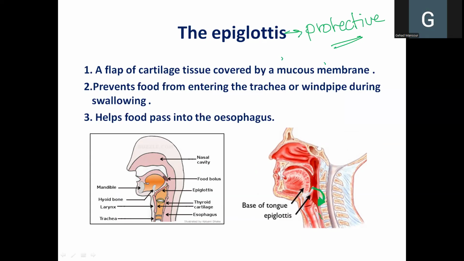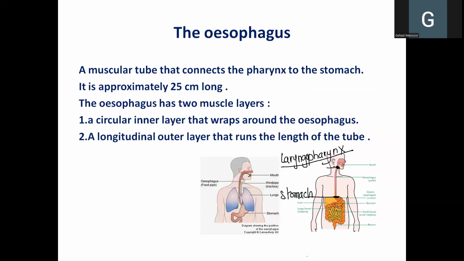As you see here, it will move like this in order to seal the glottis, or the opening of the larynx, and protect against choking. And by doing this, it does not only prevent food from entering the trachea, but it also helps the food to pass into the esophagus.